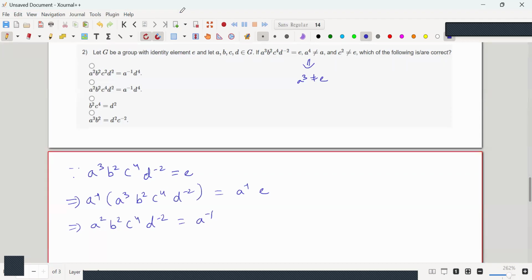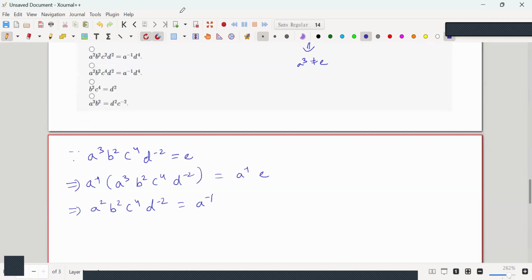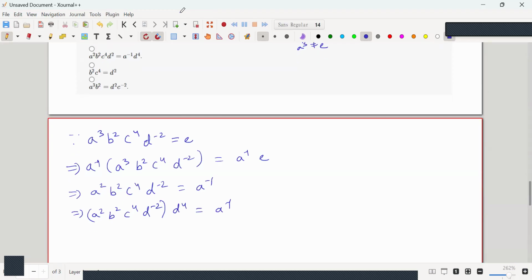Now multiply D4 both sides. So this is C4 D minus 2 D4 is A inverse D4. This implies A square B square C4 D square is A inverse D4.